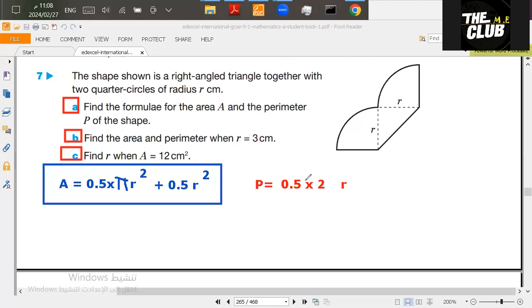So this is the perimeter of the semicircle here, and we multiply by half because it's a semicircle. So we got these arcs. Now we have this r and this r, so we're going to add them. So plus 2r, because we have two r's.